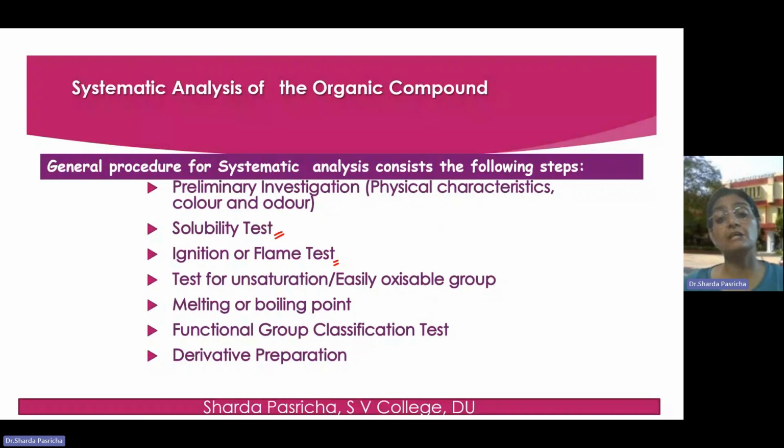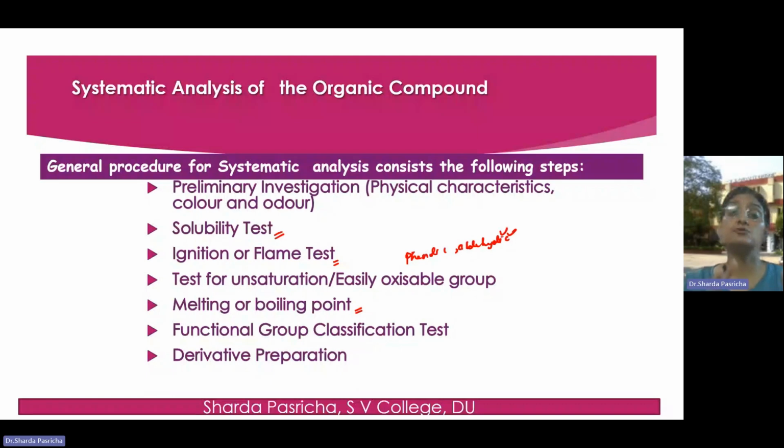For example, the unsaturation test will tell you if the compound has a carbon-carbon double bond or a carbon-carbon triple bond, or it has easily oxidizable groups like a phenolic group, okay, or an aldehyde group. This is important information when we go and do the detailed chemical analysis of the compound. Next, we determine the melting point or the boiling point of the compound based on the physical state of the compound. And then we do the functional group classification test.